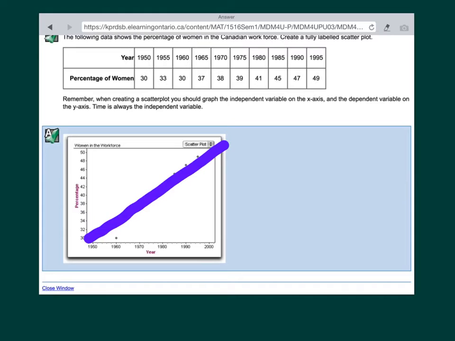And so if we can see that straight line pattern, it tells us that there is a relationship, and that relationship is a positive one because as one of our variables increases, the other variable also increases. And we can see that this relationship is quite strong because all of the points are very, very close to the line.